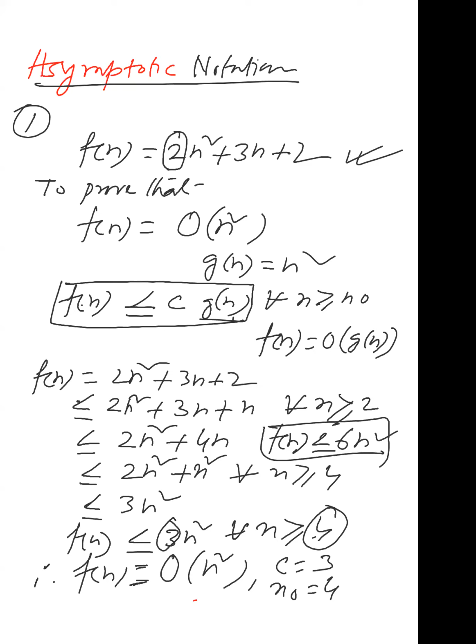We are counting the coefficients simply: 3 plus 2 is 5, plus 1, that is the maximum. But the better analysis is fn less or equal to 3n square. So this is the big O. In this way, you can find the time complexity of this.